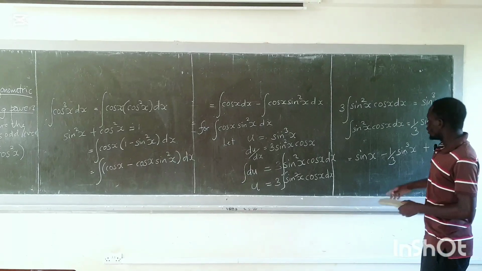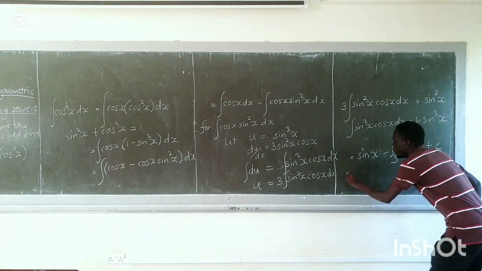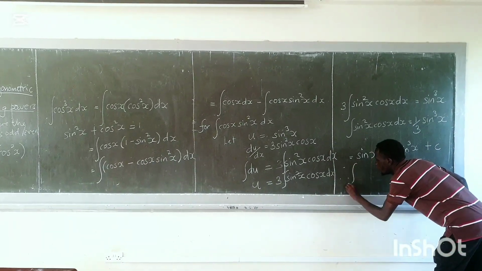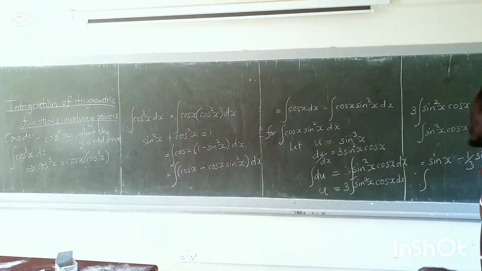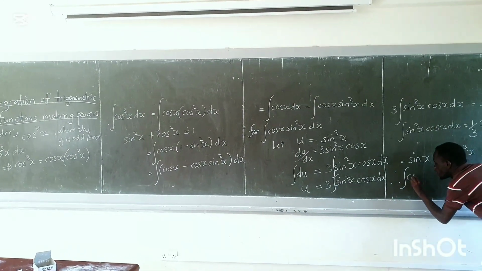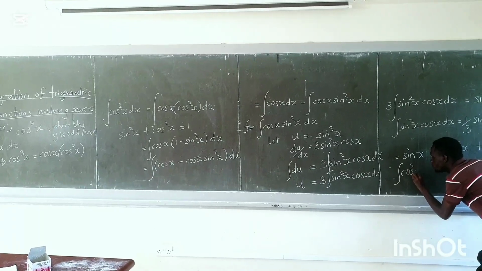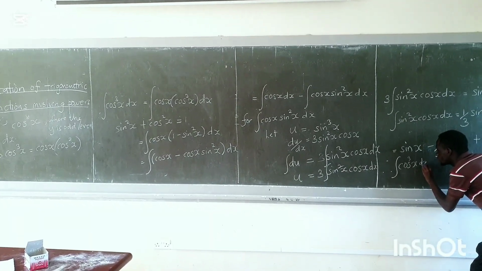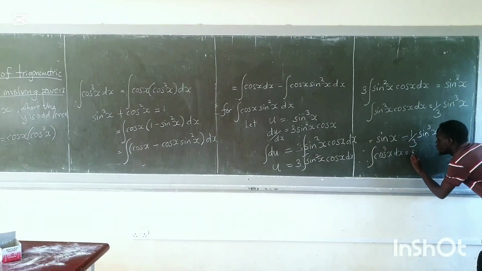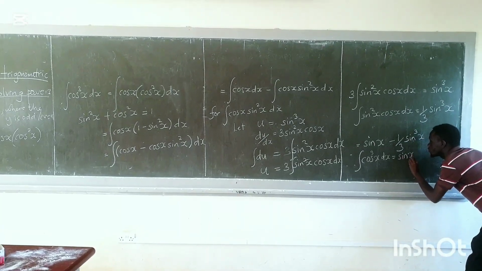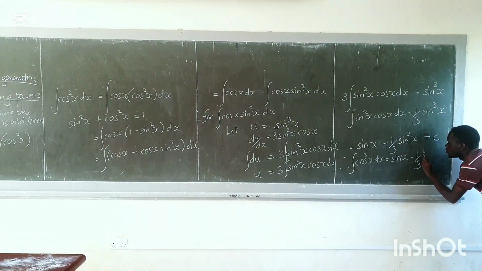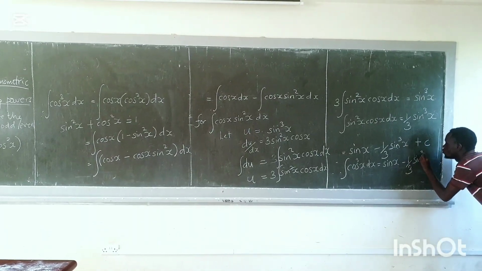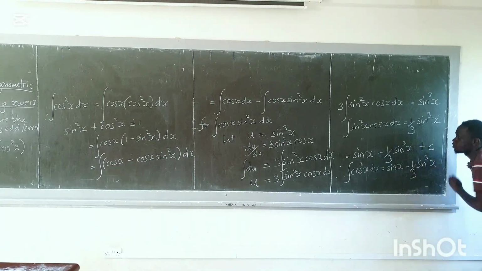So the integral of cos^3 x dx will give me sin x minus a third sin^3 x.